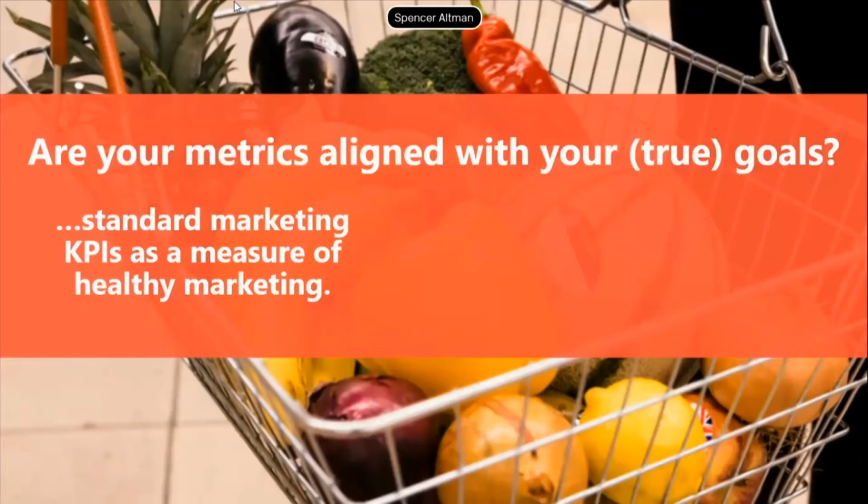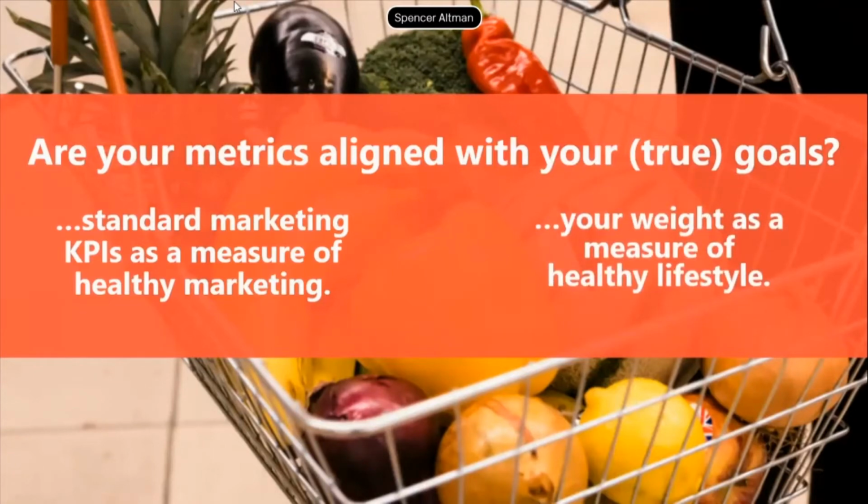We then have to ask ourselves as digital marketers, if we're just using standard metrics across all of our segments, across our entire data set, are we really going to be able to meet our goals with just these simple schemes? Similarly, in sports, it's like asking, do we have a healthy lifestyle if all we focus on is our weight? If weight were the main metric, the main KPI, there are lots of ways to keep the weight down.